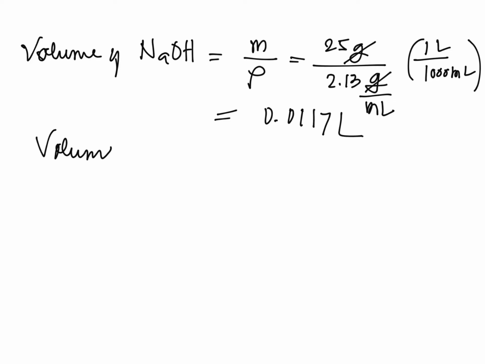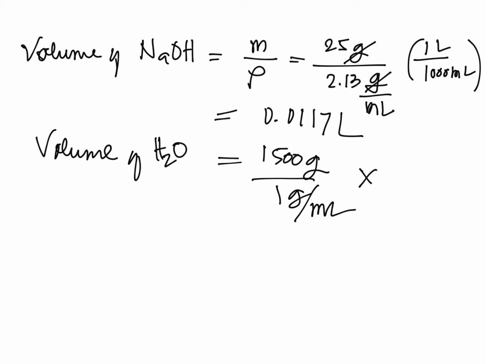What about the volume of water, the H2O? The H2O is 1,500 grams, but the density of water is 1 gram per ml. Then we multiply it by the conversion, 1/1000 ml. Right? So if we're going to check that, 1500 divided by 1, of course that's 1500 again.